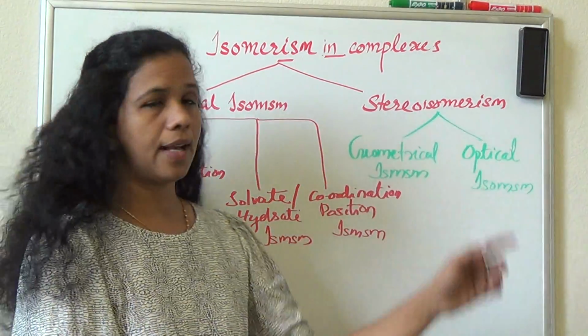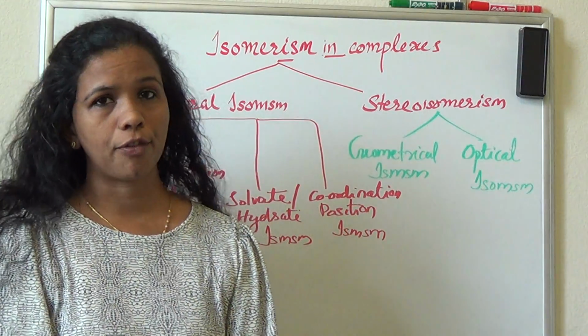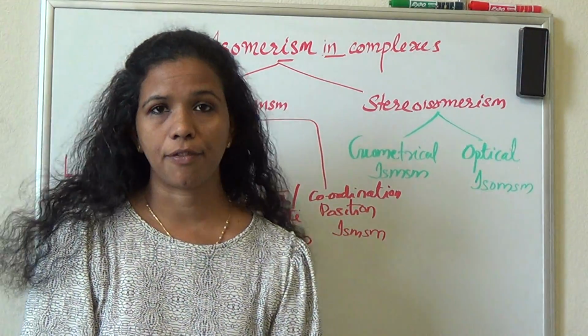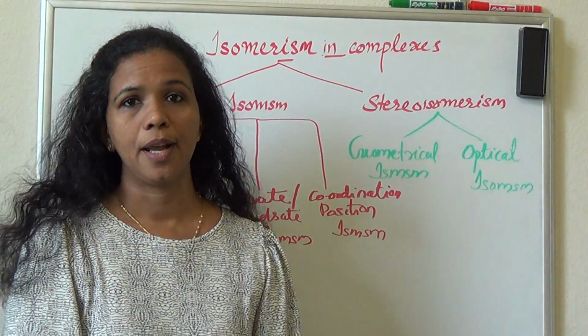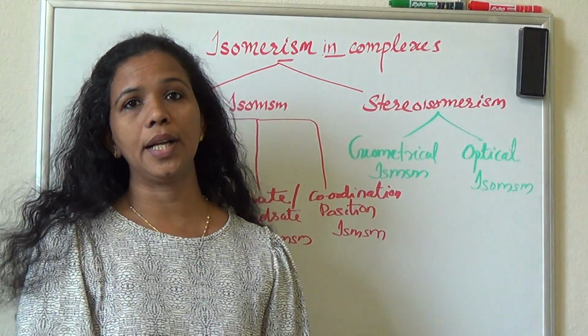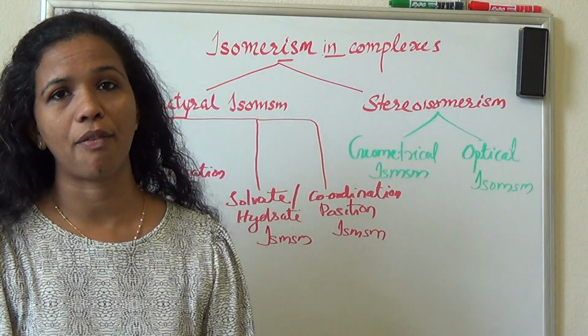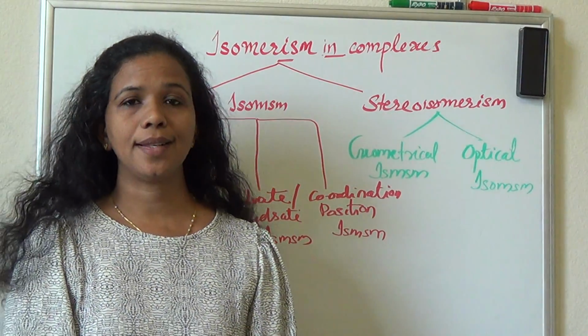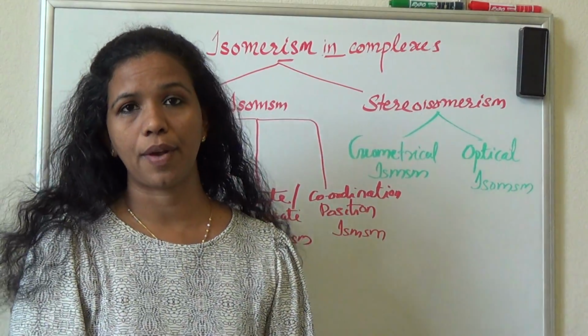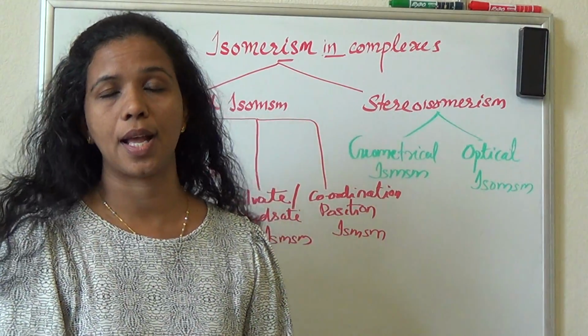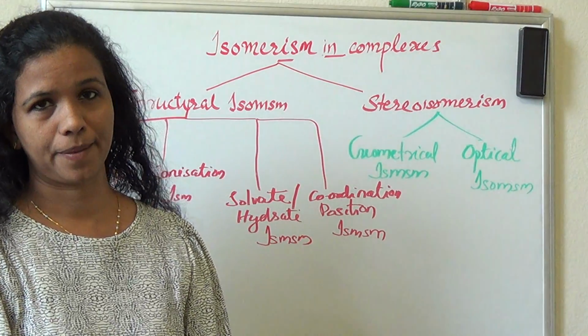But in stereoisomerism, the molecular formula and structural formula will be the same, that means there is no change in their bonding, but there is only a difference in orientation of atoms. So stereoisomers arise due to the difference in orientation of atoms. They have the same molecular and structural formula.